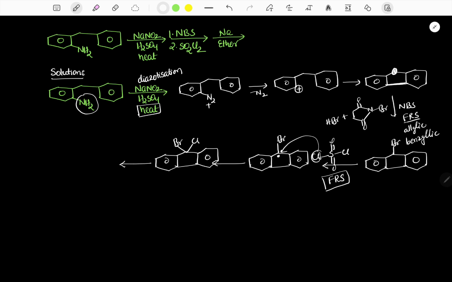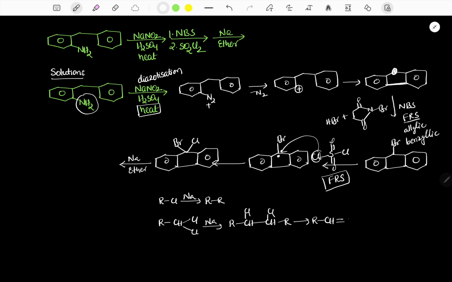Now it is treated with sodium and ether. We know that when an alkyl chloride is treated with sodium, it gives R-R. Suppose a geminal compound is treated with sodium, initially dimerization takes place like this. Again it undergoes an intramolecular Wurtz reaction.